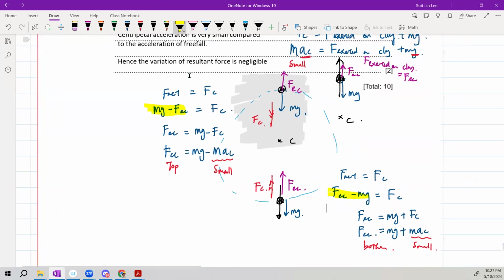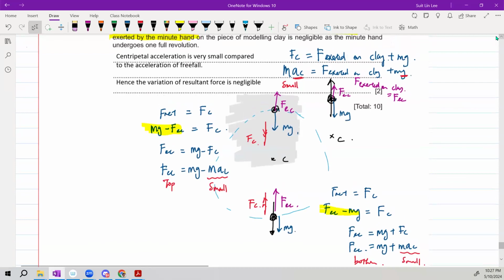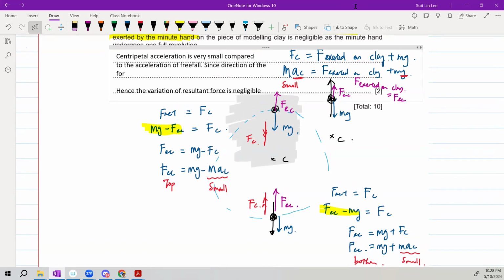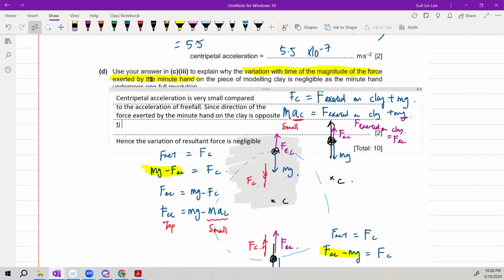I guess a sentence that would make more sense to link these two: centripetal acceleration is very small compared to the acceleration of free fall, since the direction of force exerted by the minute hand on the clay is opposite to the direction of force of gravity or direction of weight of the clay.